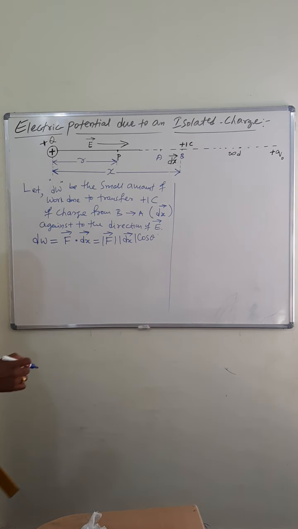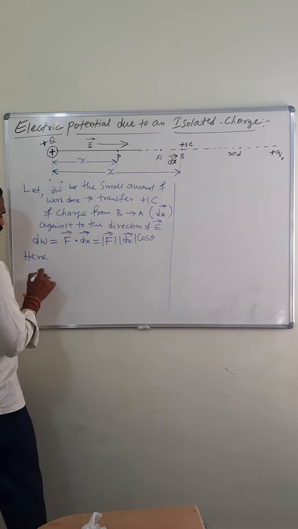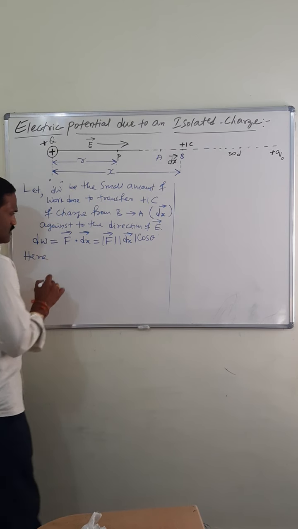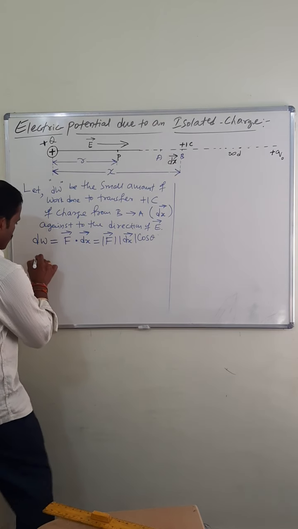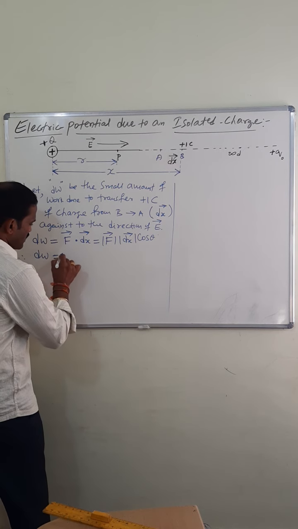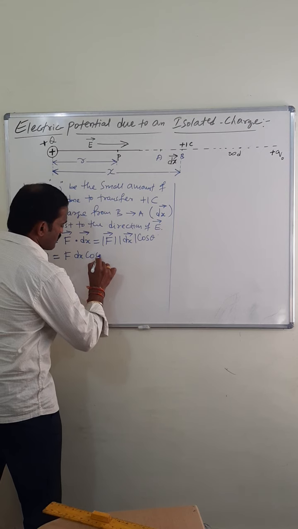This is the expression you will get here. Attention please. What happened here? Electric field force, right? Therefore, dW is equal to F dx cos theta.